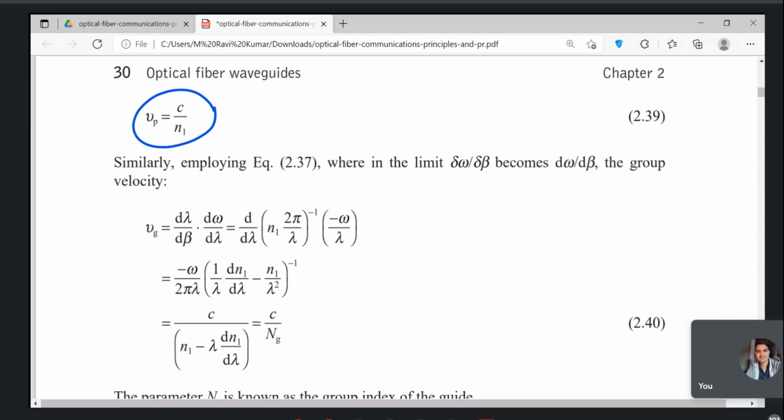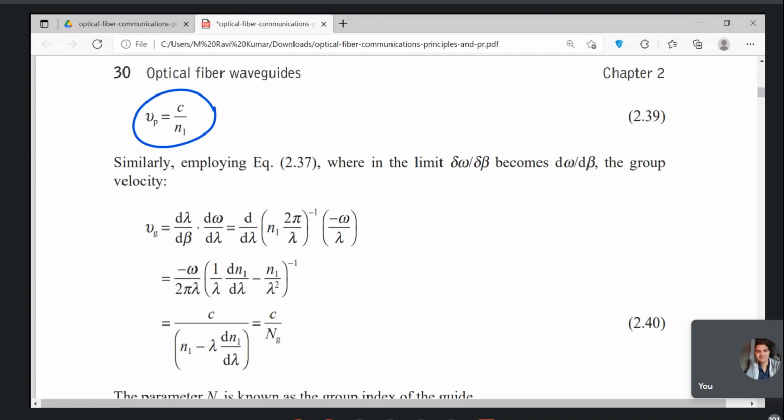But as with most practical things, it is very difficult to have a light ray which has a single frequency. Well, you can say impossible, but I would prefer not to use the word impossible, but it is next to impossible to have a single frequency to propagate along the length of the fiber.